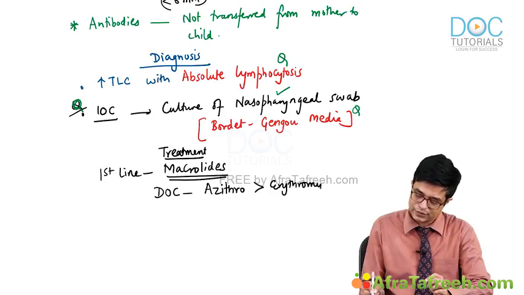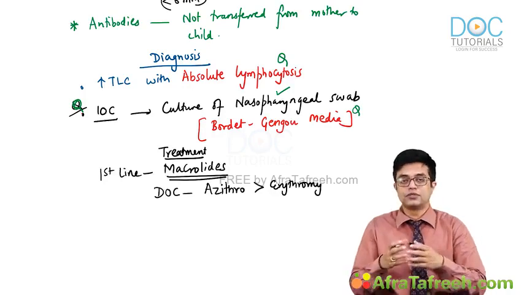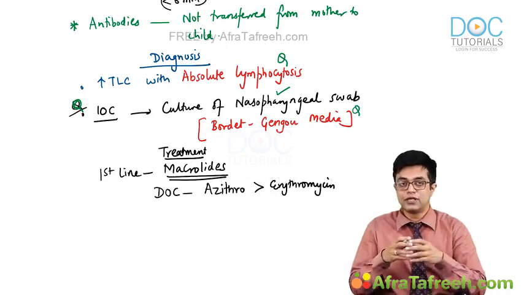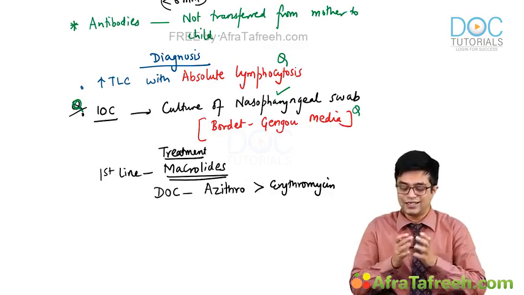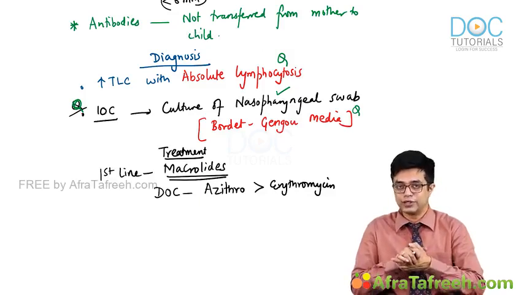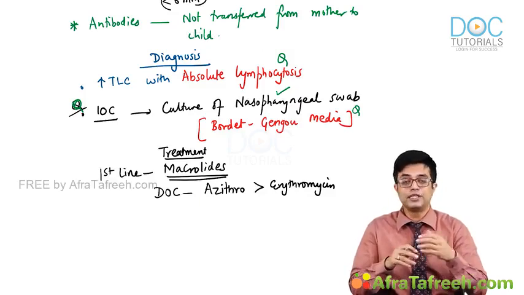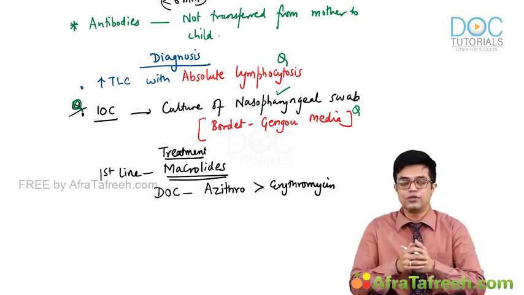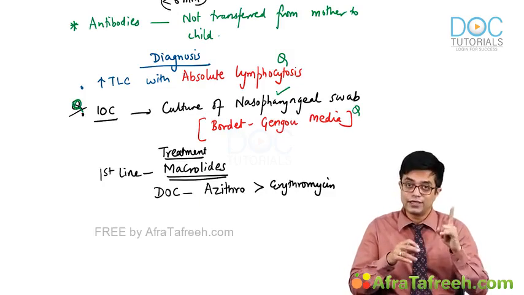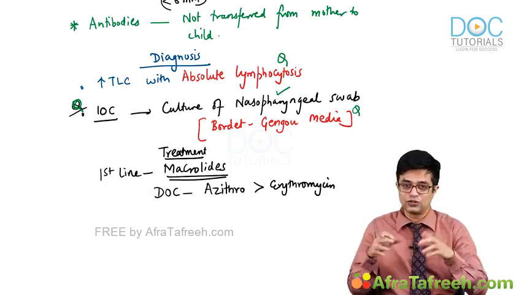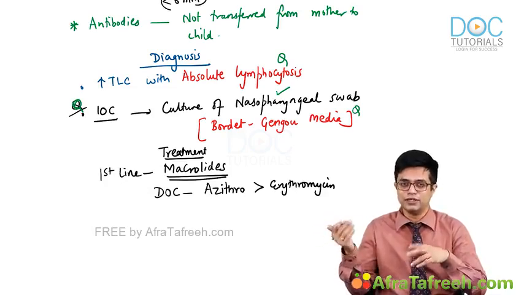For the simple reason that first of all, erythromycin has a tendency to cause congenital pyloric stenosis, as we have discussed in GIT module. Secondly, erythromycin estolate needs to be given for a longer duration of 10 to 14 days, whereas azithromycin is cheaper. Single daily dose you can give. Erythromycin needs to be given in multiple doses in the day.